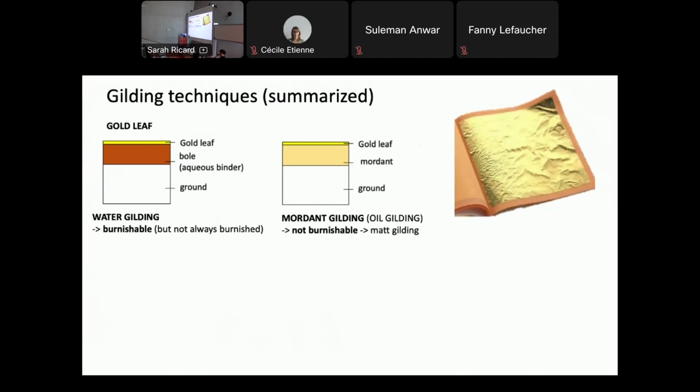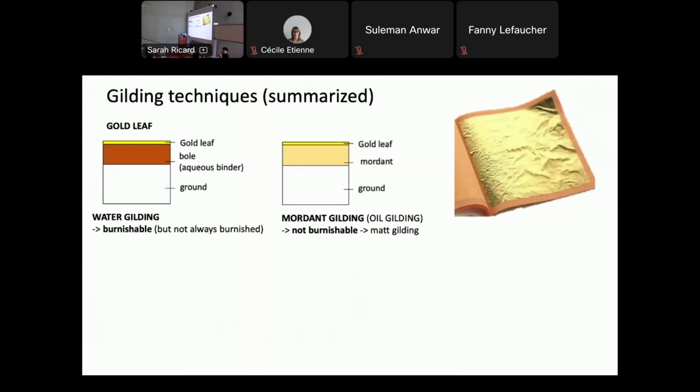The other main technique with gold leaf is mordant gilding, that is a gilding on an oil-based assiette. This mordant allows the leaf to stick to the ground. It also allows the mordant to be applied on very thin surfaces. And the fact is that this mordant gilding cannot be burnished.